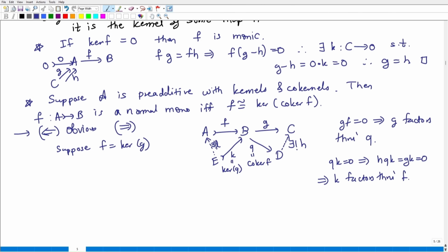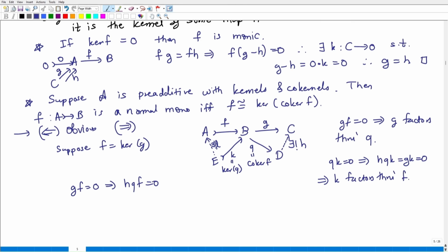Okay, now one last thing. We need a morphism in the opposite direction. So GF is equal to 0. That means what is G? It is HQ, so HQF is equal to 0.